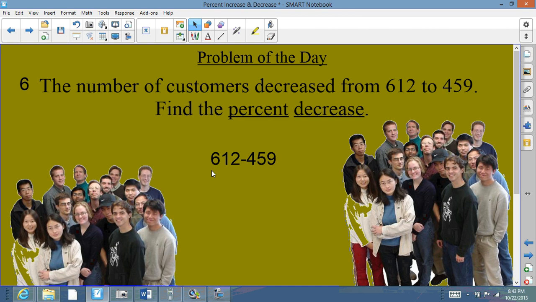Now remember, we're supposed to put that over the original amount. The original amount was 612. That was the original amount that they normally had before it decreased.